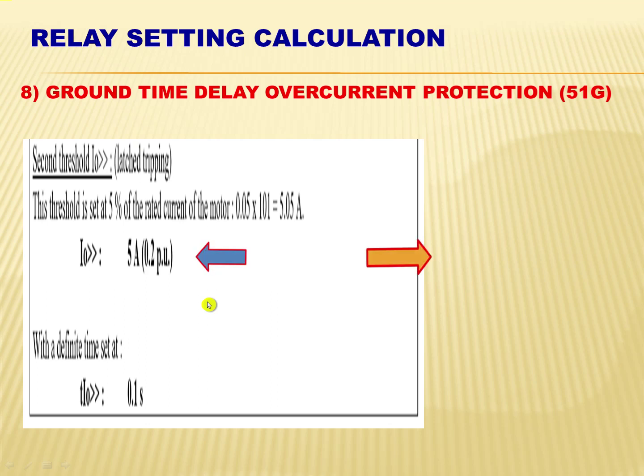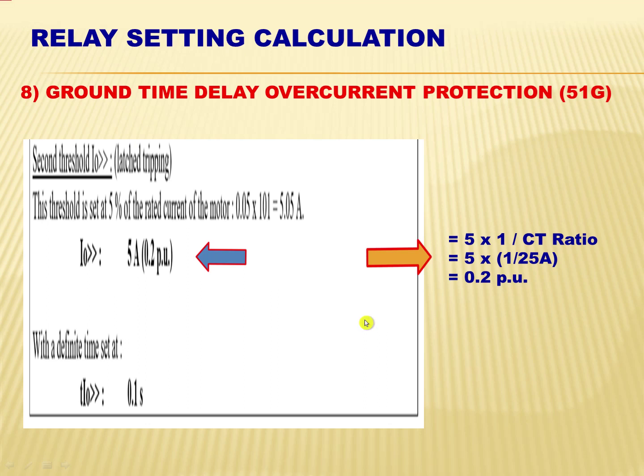From here, we'll just multiply this 5 ampere by 1 over the CT ratio. Since this is ground time delay overcurrent protection or relay 51G, we're going to use our zero sequence current transformer ratio, which is 25:1 ampere. So that's why we have this 0.2 per unit value.